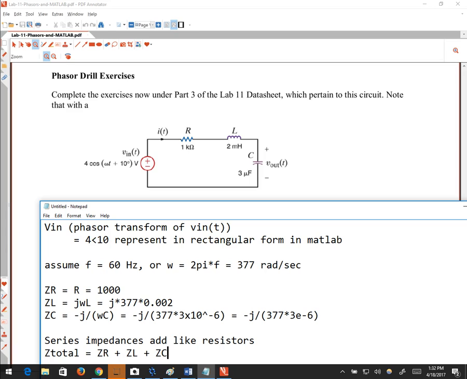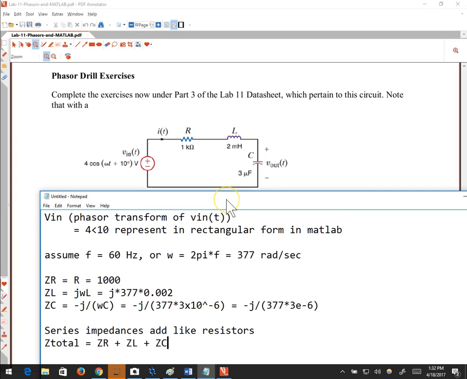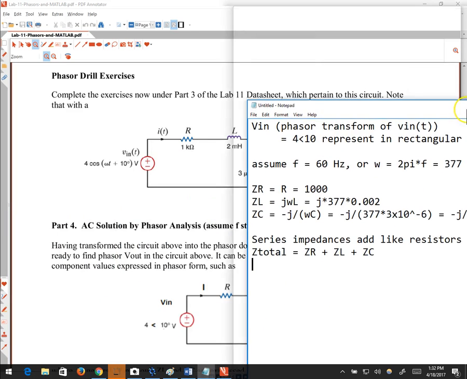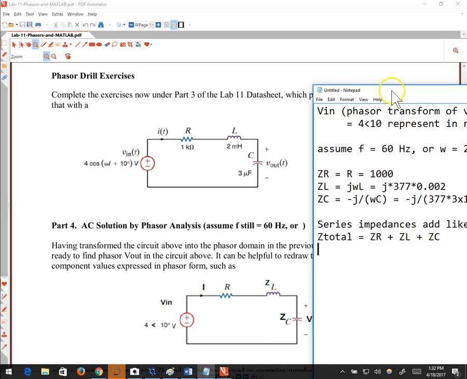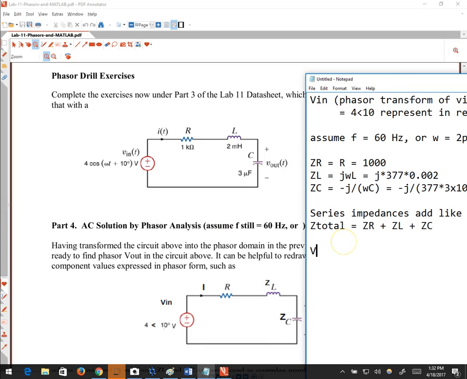That becomes one big, hairy complex number, which has just one real and one imaginary part, right? And then knowing Z total, we can use the voltage divider formula to find V out. So V out equals V in times what?